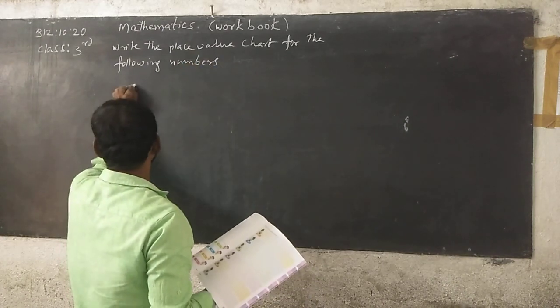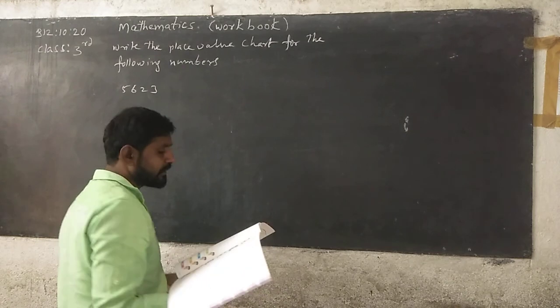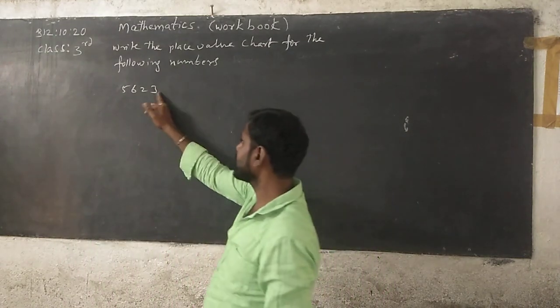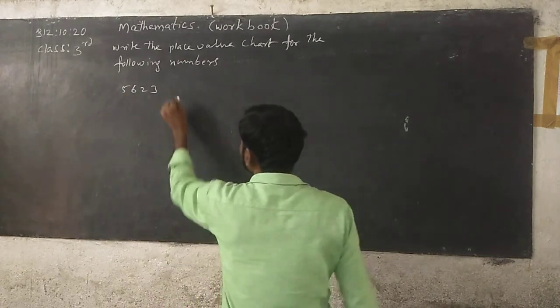See here, 5623. How many places are there here? Ones, tens, hundreds, thousands. You can write like that only.